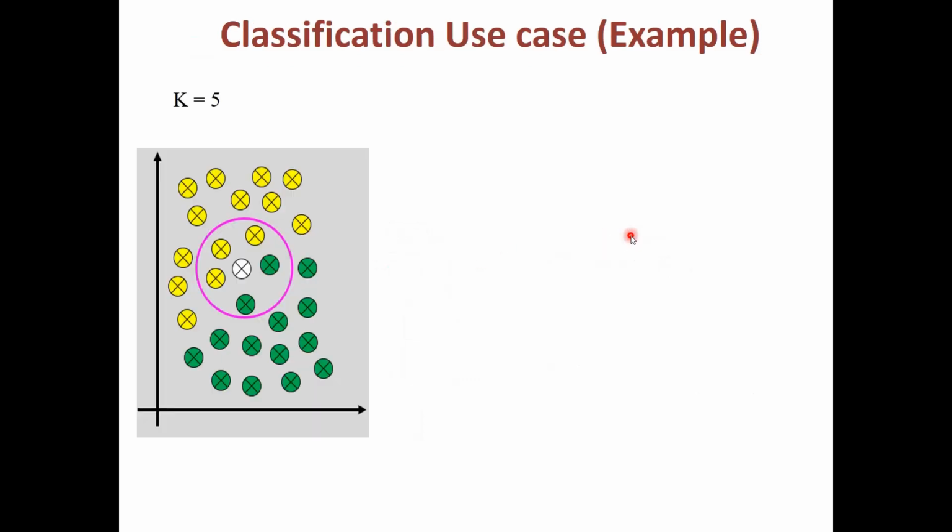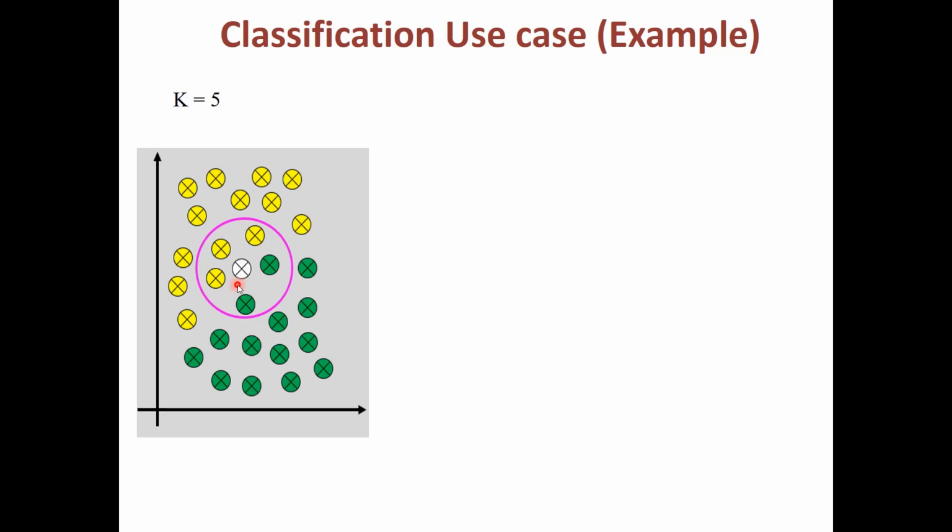Once we find the nearest neighbors, the next task is to categorize a particular data point into one of these two categories. In this diagram we can observe that there are two classes, yellow class and green class. Our task is to categorize this test data point, the white data point, into either of these two categories. If we decide the value of k is equal to 5, then we have to find the 5 nearest neighbors, calculated based on either the Euclidean distance method or the Manhattan distance method.